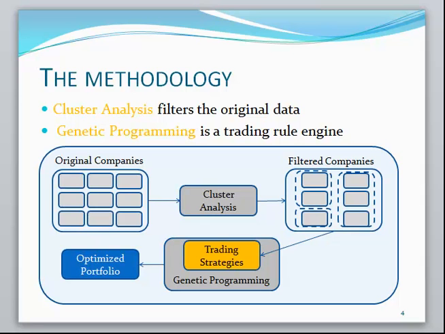The cluster algorithm trims, agglomerates, and classifies the companies into different groups, and then the filtered data is used to evaluate the training strategies, which are generated by the genetic programming. The training strategies are scored by how well they compete with the benchmark performance. After generations and generations of evolving, the best strategy will be found.